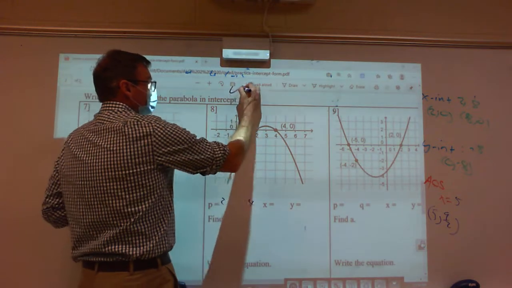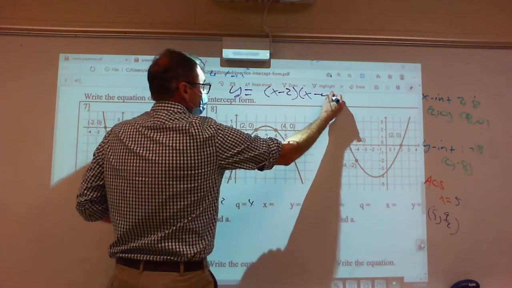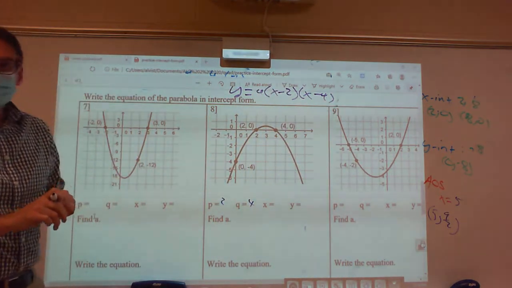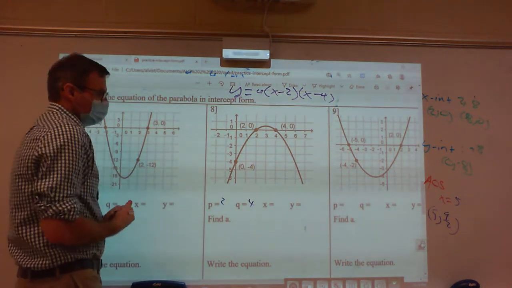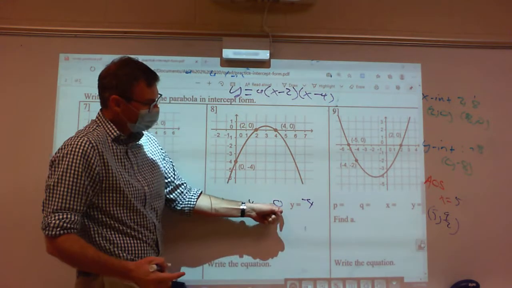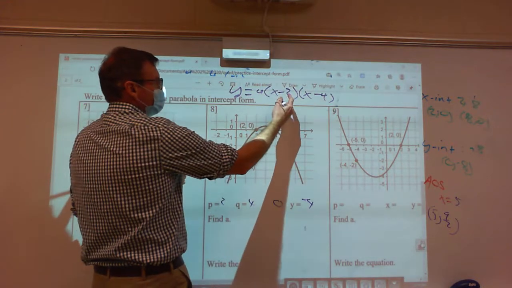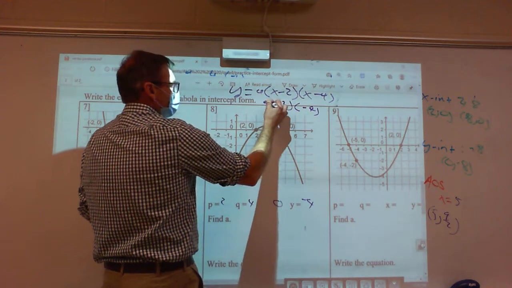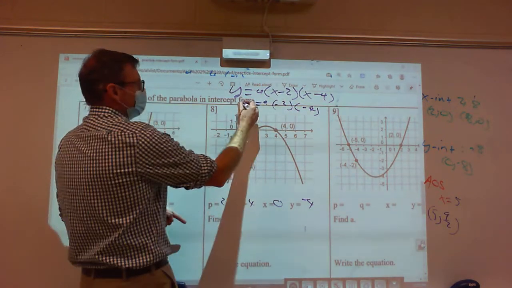So I know my equation is going to be y is equal to a times x minus 2, x minus 4, and I need to figure out what the A is. How I'm going to figure out what the A is, they give me a dot. In this case, my dot is 0, negative 4, which means if I plug in 0 for x, I better get negative 4. So if I plug in 0 for x, that'll give me a negative 2, that'll give me a negative 4 and an A. And I've got to end up with negative 4.